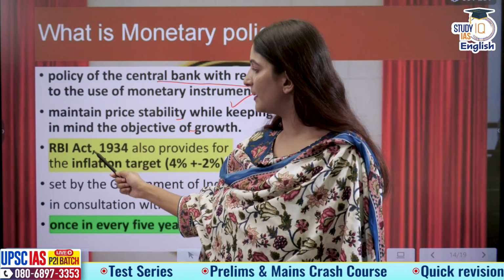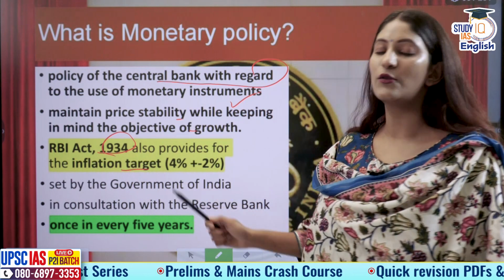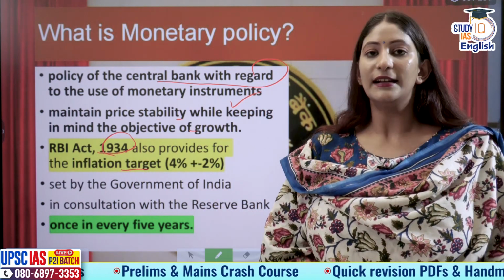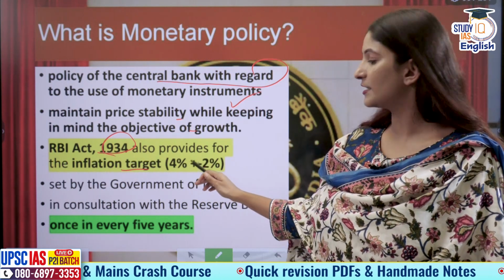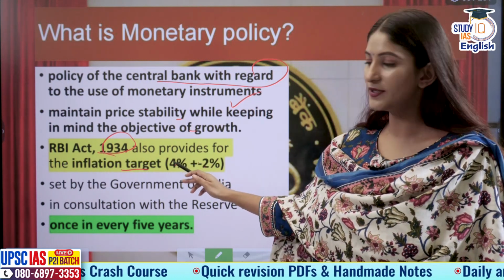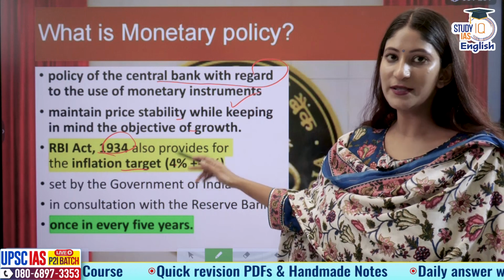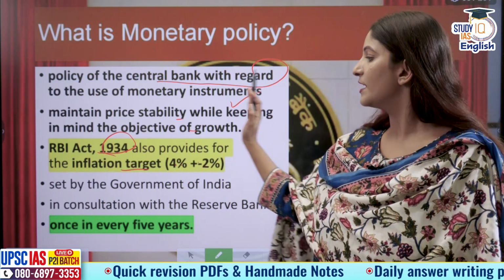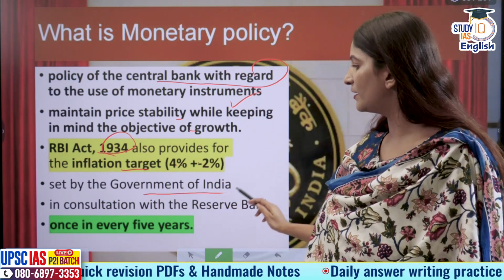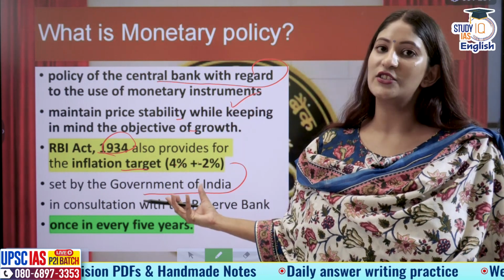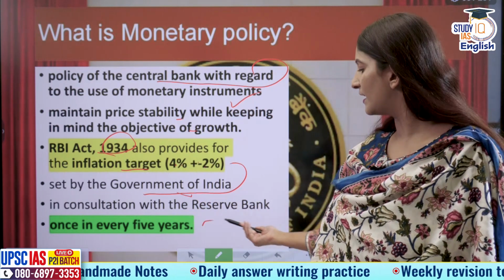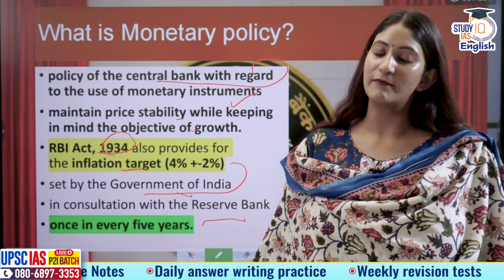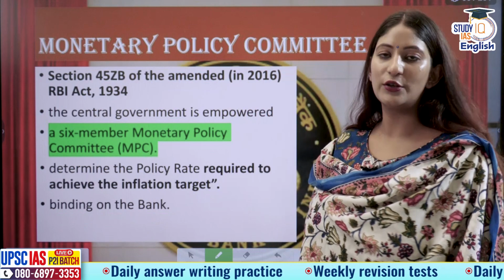According to the amended RBI Act of 1934, there is also an inflation target that the MPC has to achieve, that is 4% plus minus 2%. That is minus 2% from 4% is 2%, plus 2% on 4% is 6%. So 2 to 6%. Now this particular range can be changed as well. It is set by the Government of India in consultation with the Reserve Bank once every 5 months. So this can change according to the needs.